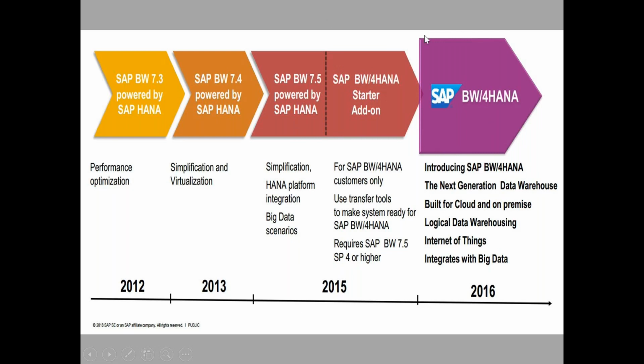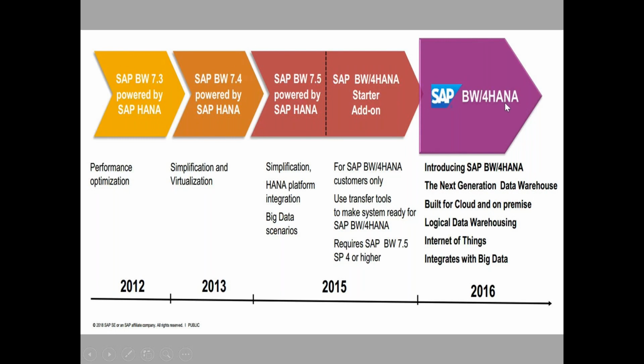If it is a multi-provider or info set, it automatically converts into the composite provider. To migrate from 7.5 to BW4HANA, we should have at least service pack 4. Only after service pack 4 can we migrate from BW 7.5 to BW4HANA.